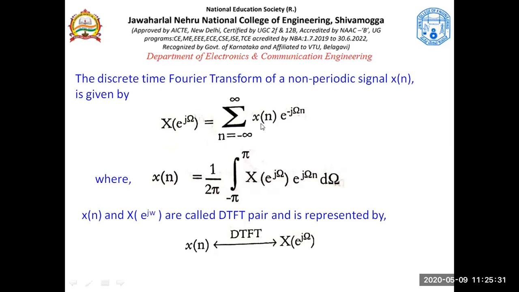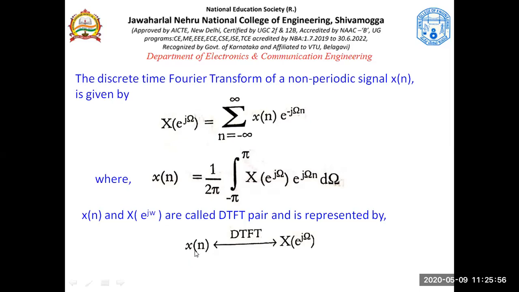So this is the analysis equation, where I analyze the frequency information. Then we come back into the time domain, that is x of n. So to go from x of n to X of e power j omega, you have to apply DTFT, and to come into the time domain, you have to apply inverse DTFT.